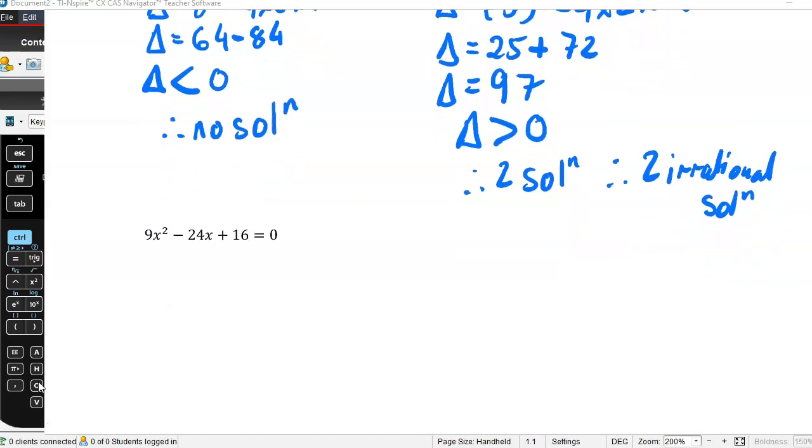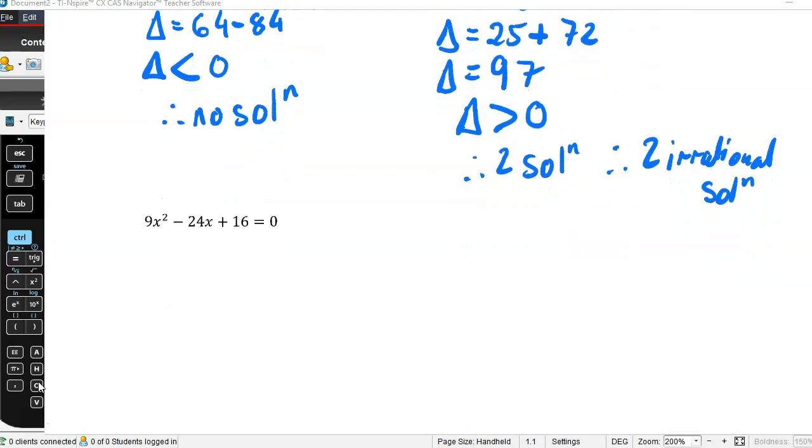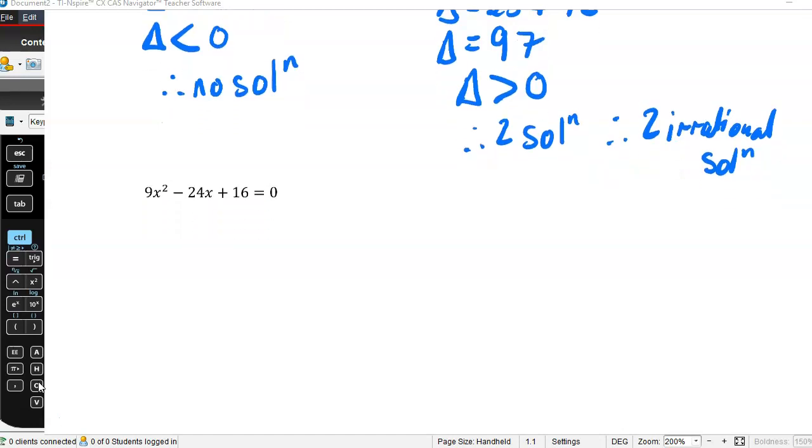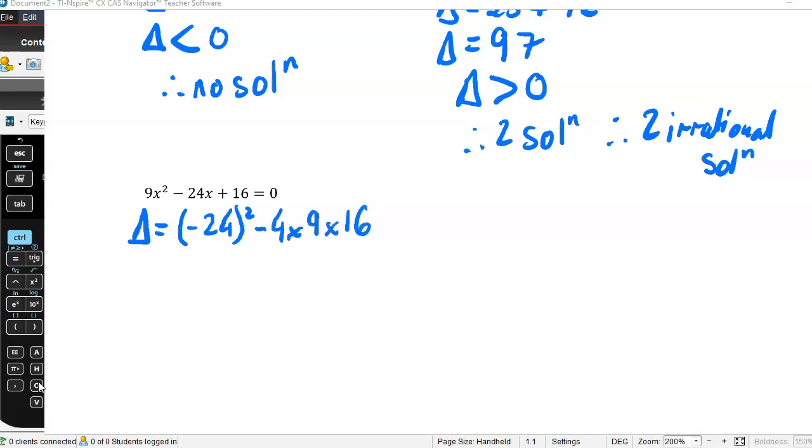Okay, so let's look at this last one. 9x squared minus 24x plus 16 equals to 0. So discriminant equals to negative 24 squared minus 4 times by 9 times by 16.